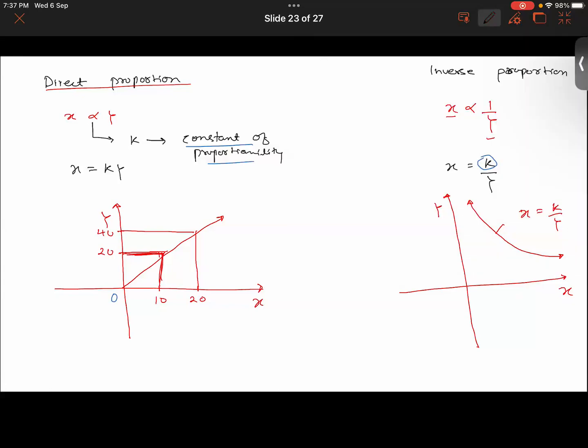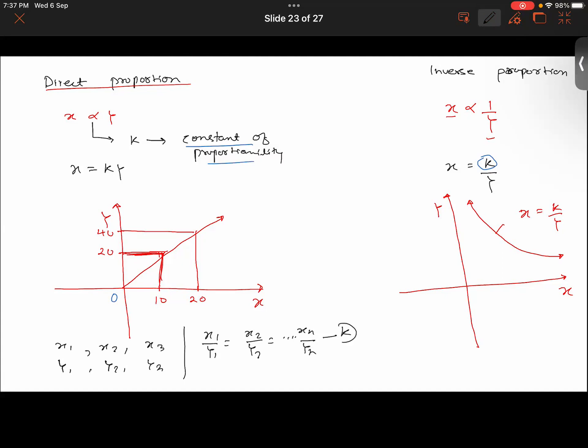Also, if you have multiple variables like x1, x2, x3, or y1, y2, y3, how were we representing them? x1 upon y1 is equal to x2 upon y2, and x3 upon y3, and so on up to xn upon yn.